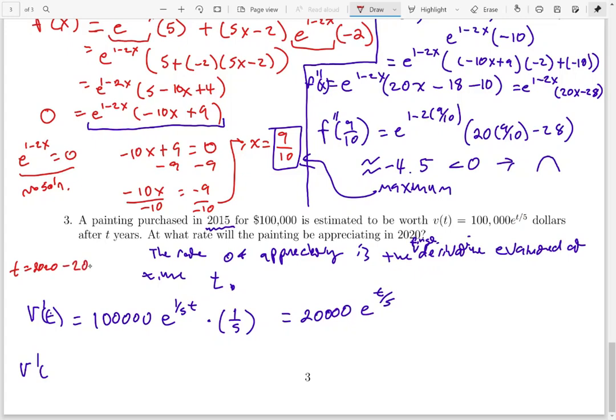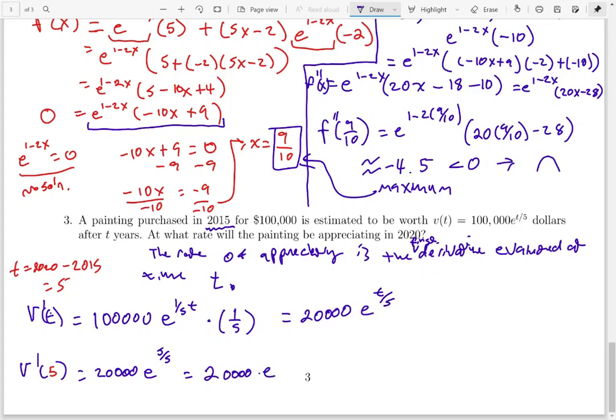minus 2015, so that's a change of 5 years, and so we're doing v prime of 5. And so v prime of 5 is then going to be 20,000 times e to the 5 over 5, or specifically, that's just 20,000 times e.